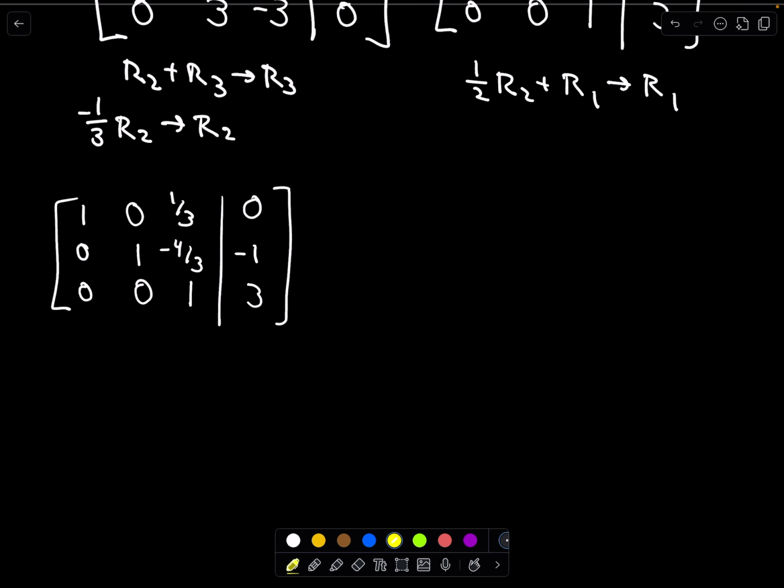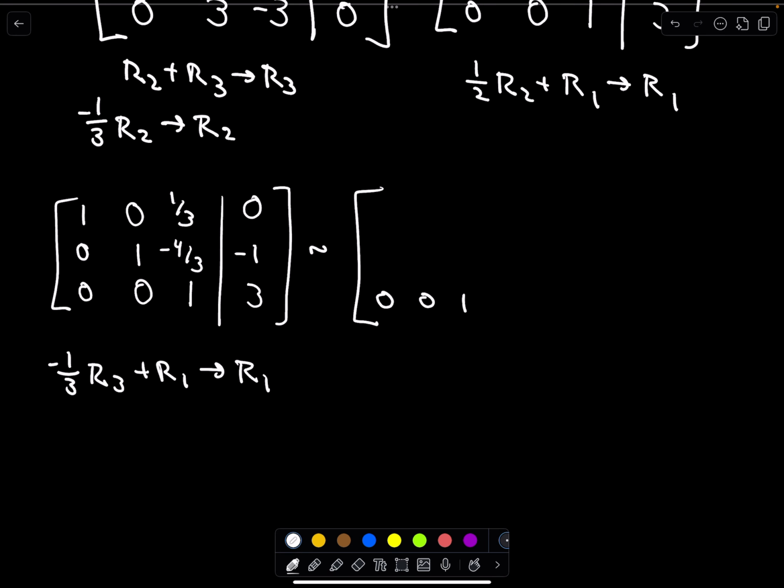Okay, so the last thing I want to do is just get zeros above it. So how could I do that? It looks like I could take negative 1/3 times the third row, add to that the first row to give me my new first row. So again, I'm going to leave the bottom row alone. Let's see. So I would get a 0 here. I would still have a 0 here.